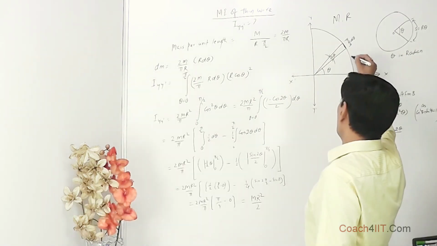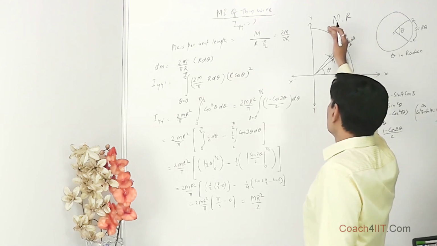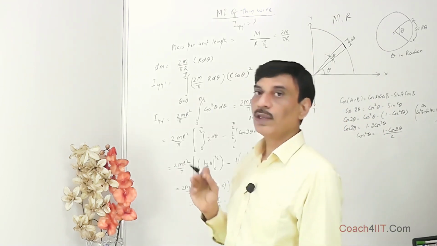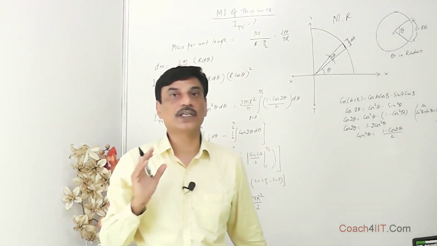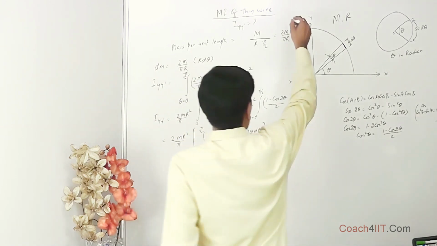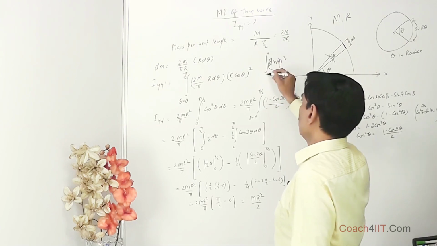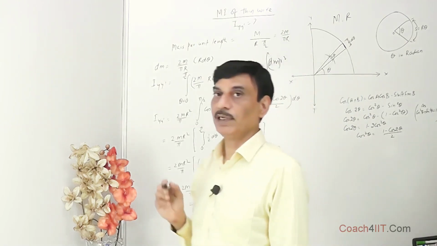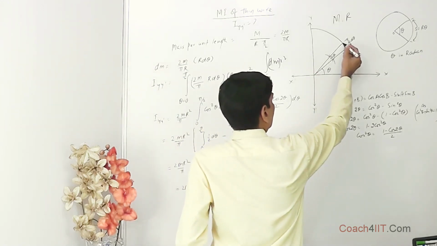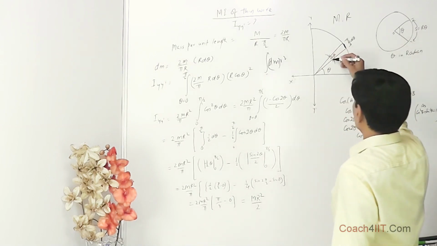Because the distance of each section of the wire from the y-axis is continuously changing, we will have to use integration. We use I equal to dm into r square, with appropriate limits. At angle theta we take a small section subtending d theta.